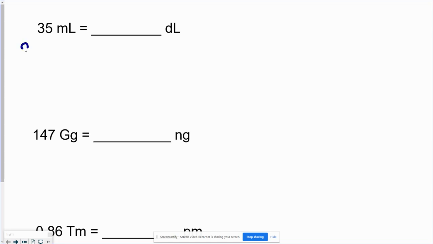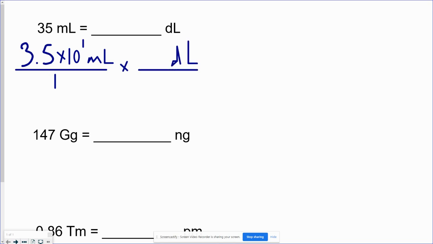All right, so you're going to take 35 and put it as 3.5 times 10 to the 1st, and that would be milliliters over 1. In order to get to deciliters, deciliters is 10 to the -1st. Milliliters is 10 to the -3rd. So 1 goes with the deci since it is larger.